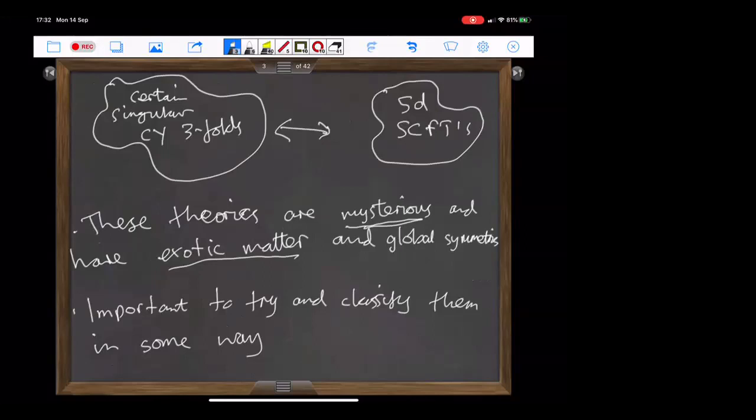These theories are rather mysterious. We don't really understand too much about them, apart from their symmetry properties and some of their topological properties.